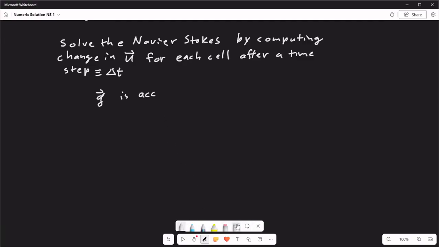G basically causes the acceleration, and it's due to external force.